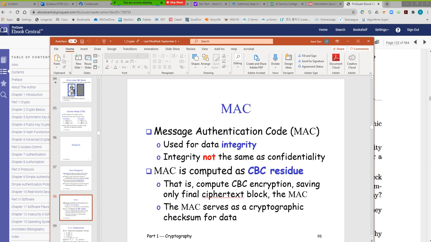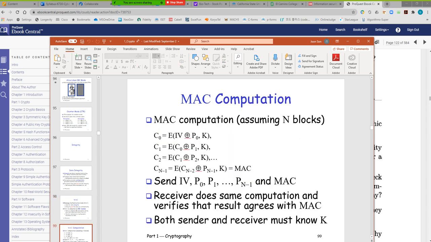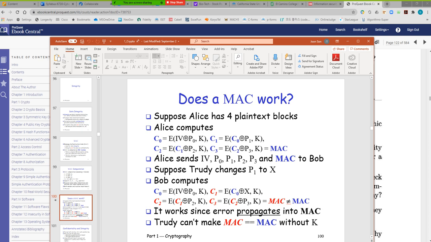The MAC is called a message authentication code, and the MAC is computed as a CBC residue. Please watch my video tutorial; I uploaded my video lecture on the MAC, so please watch that.